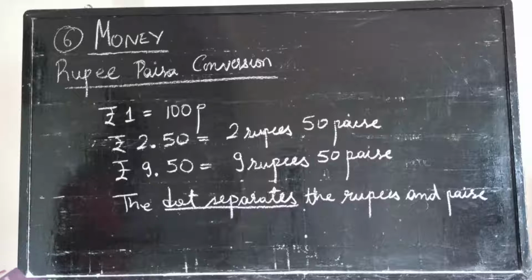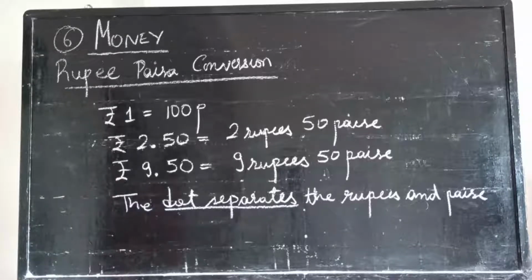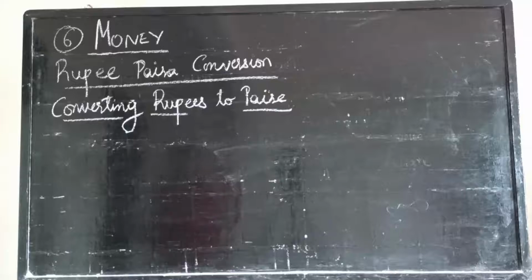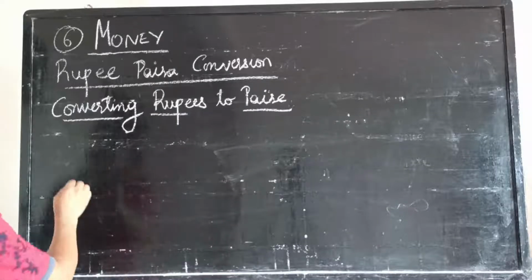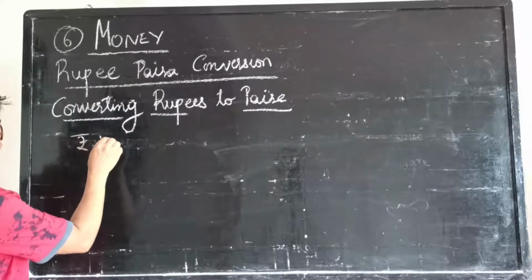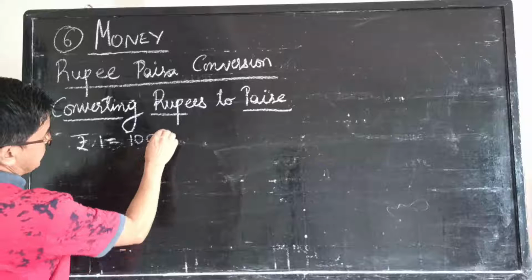Now we come to converting rupees to paise. Now look on the board. We know that 1 rupee is equal to 100 paise.